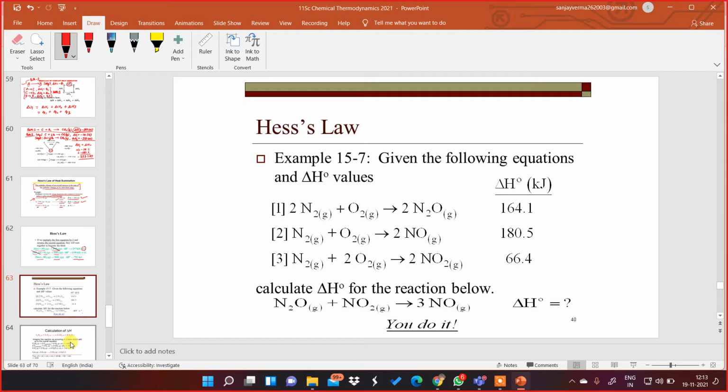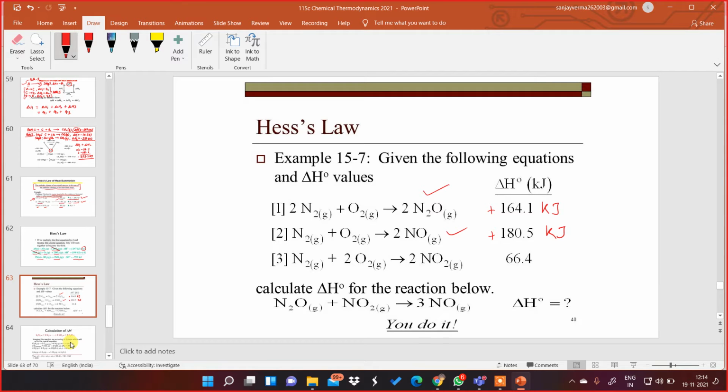Example: the following equations are given for the corresponding delta H values. For the formation of N2O, nitrous oxide, it is given 164.1 kilojoules. For the formation of nitrogen monoxide, 180.5 kilojoules, all positive.